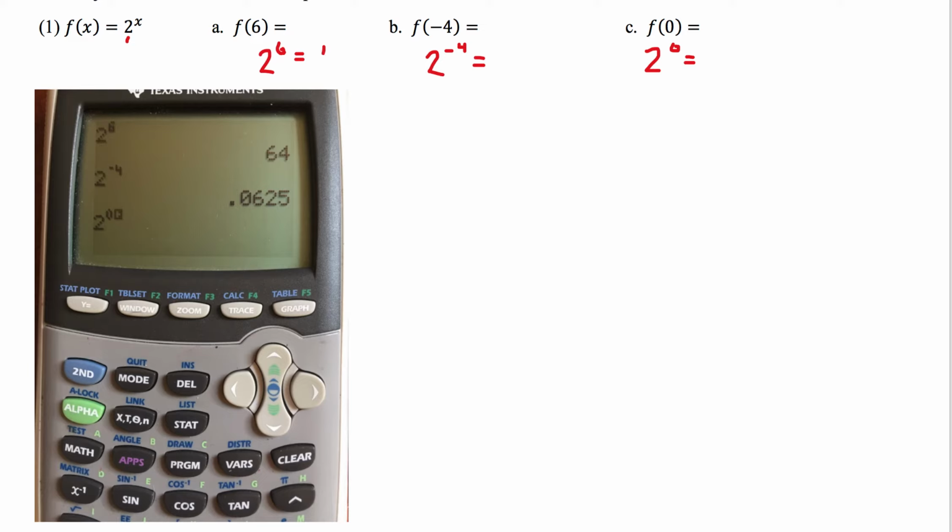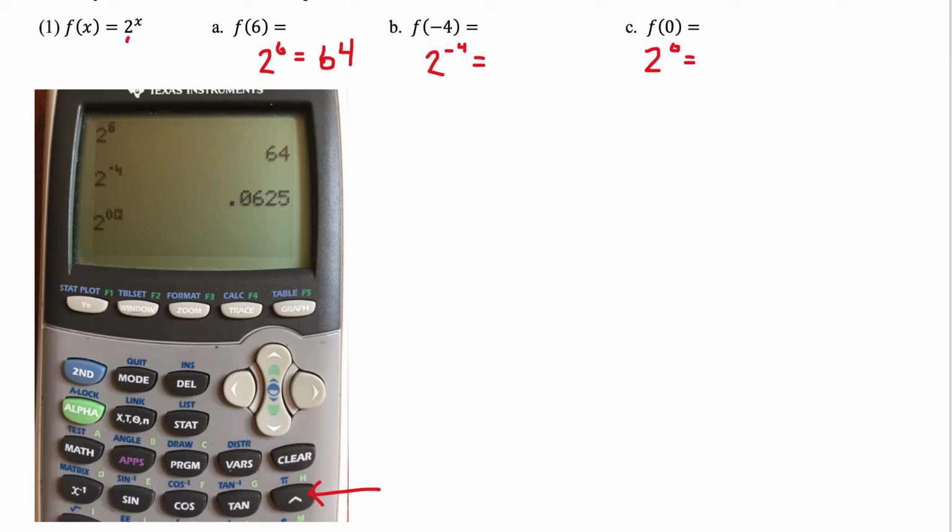The way that I entered that in was that I put the 2 in, and then I used this key. That key is going to create an exponent for you where you can then enter in the 6. So we have 64 for the first one.